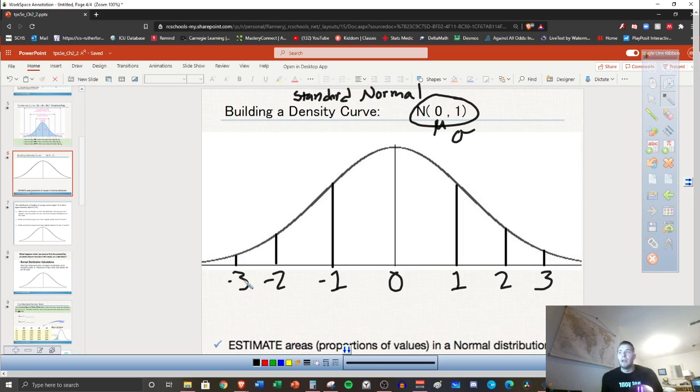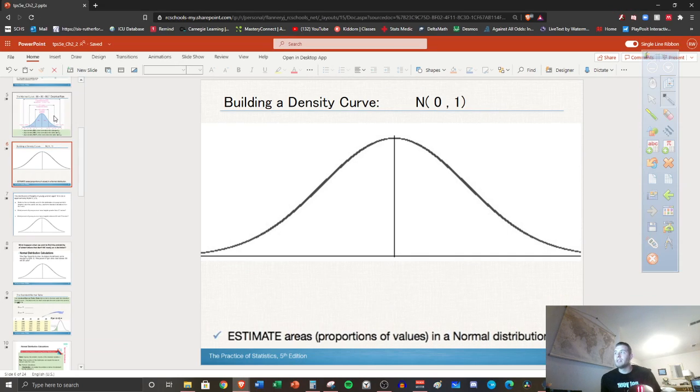Okay, so now I can answer these questions. Question 1: what percent of the data is above -2? Well, we have the percents that we used in the last lesson.